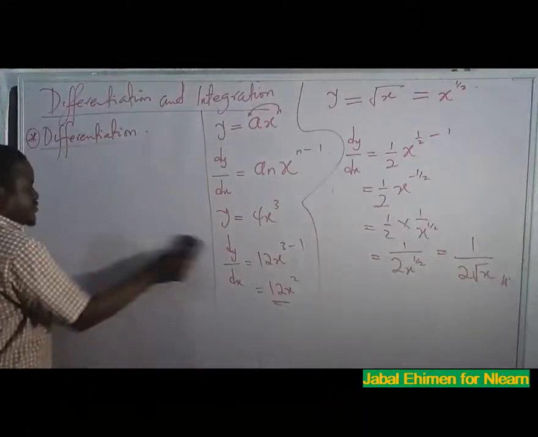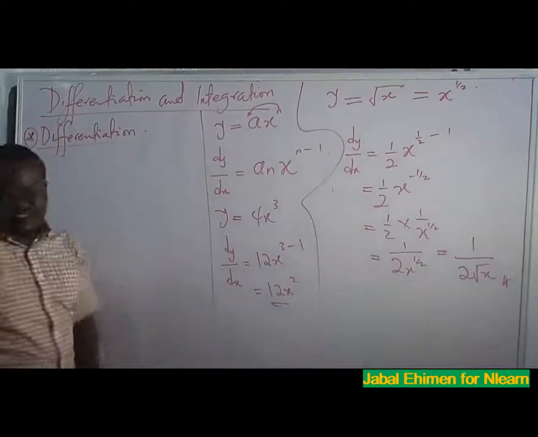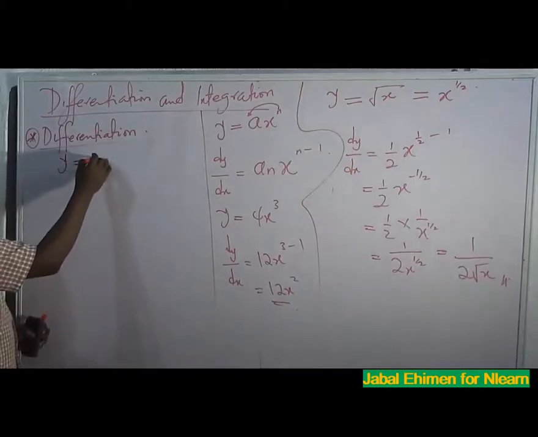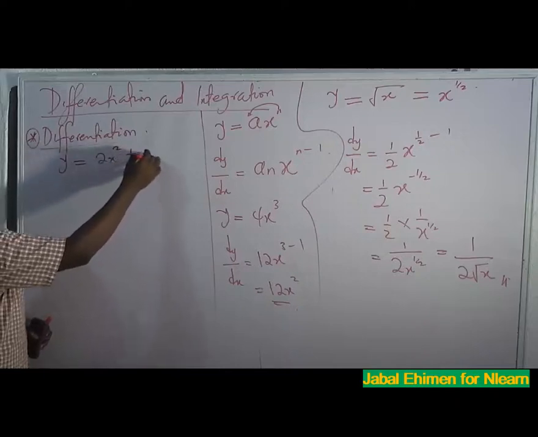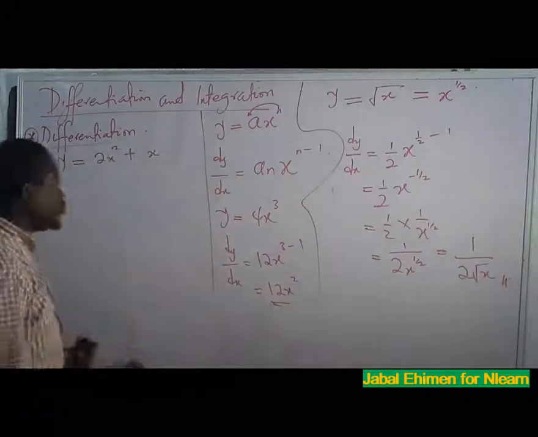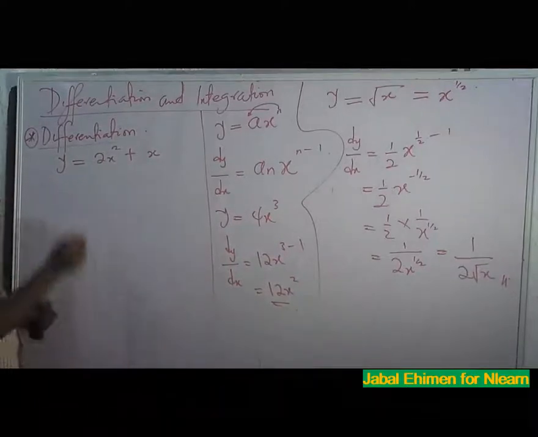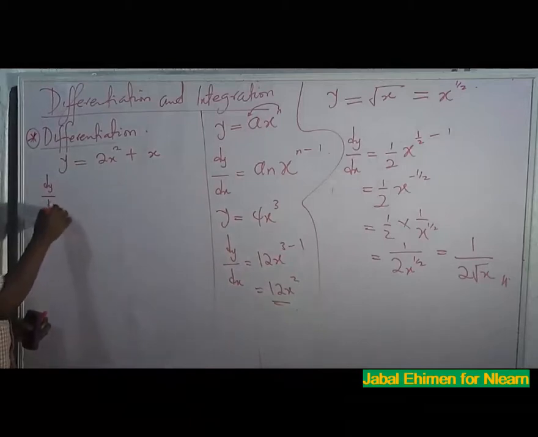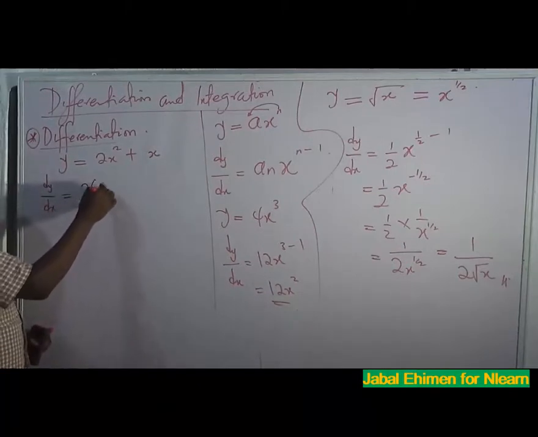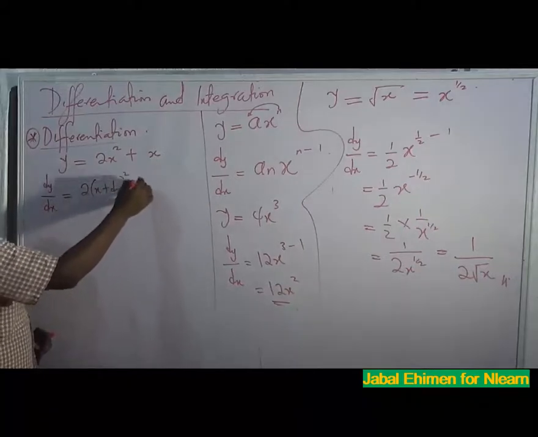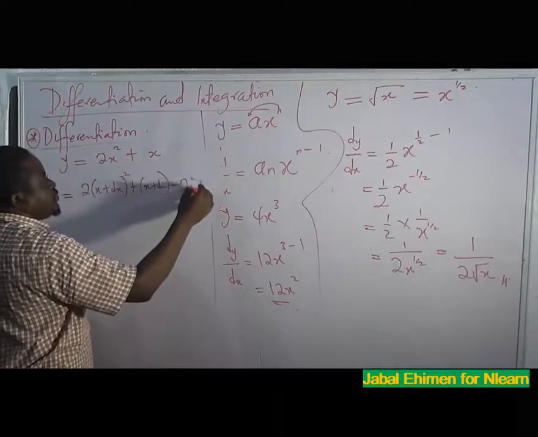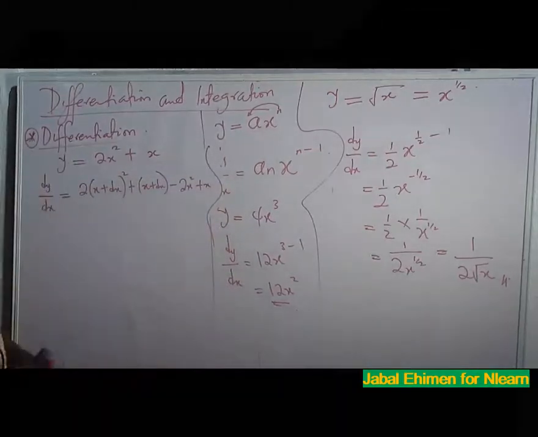It's just expansive, in the sense that if you have y equal to 2x squared plus x, and you have to solve using first principle, all you need to do is write dy over dx is equal to 2(x plus dx) all squared plus (x plus dx) minus (2x squared plus x).